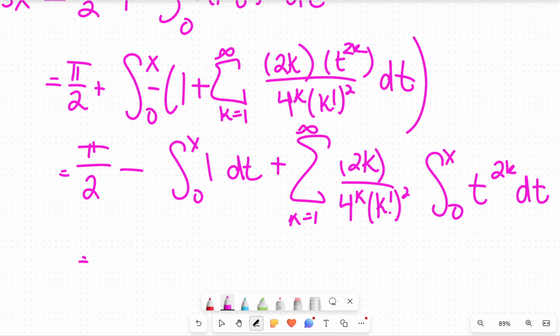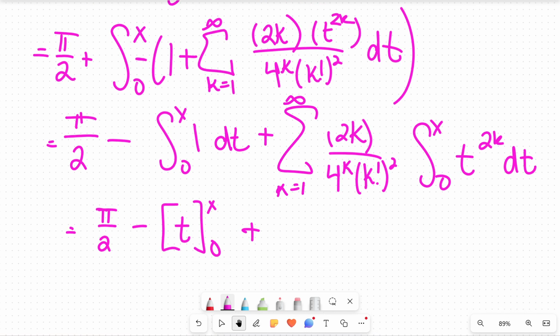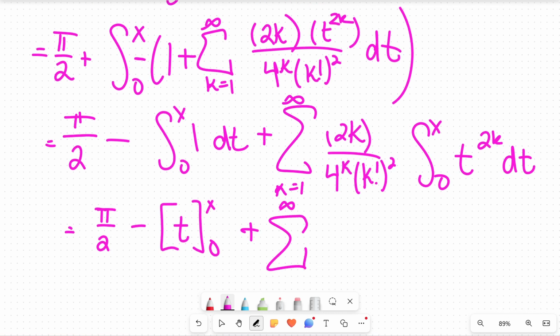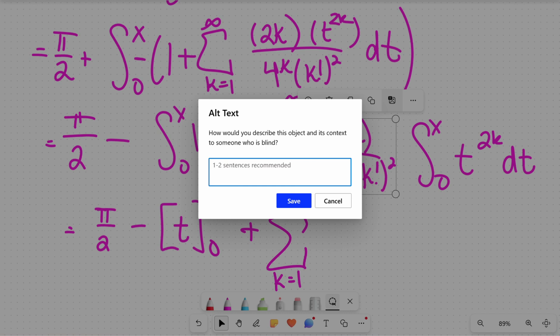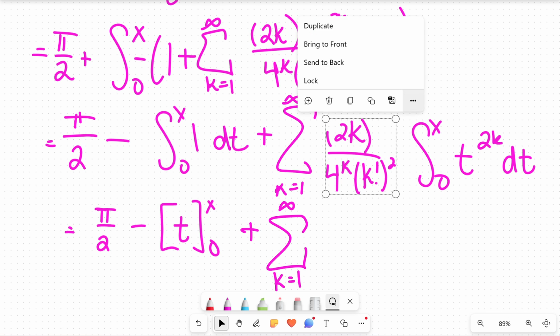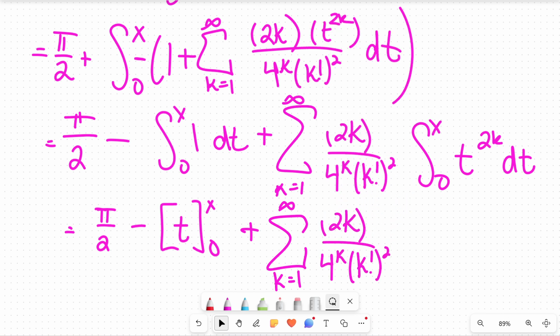When I go to integrate, I'm left with pi over 2, and then minus t, evaluated between x and 0, and then I have plus my summation starting k equals 1 to infinity. Again, this part stays exactly the same. And then I'm just integrating with respect to t.